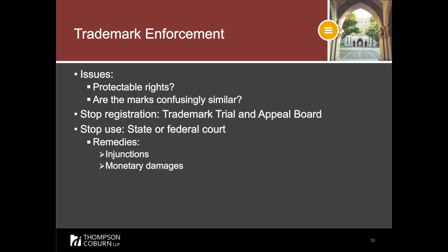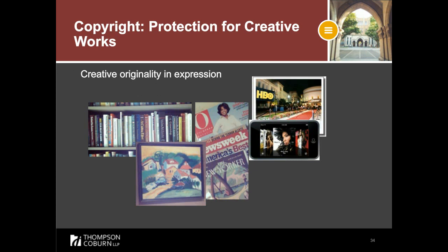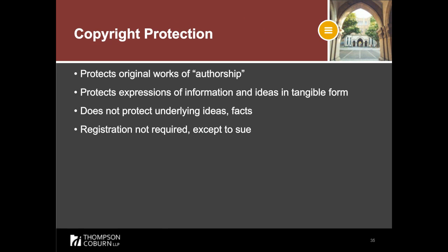And so now I'm going to move on to copyrights. Copyrights protect works of authorship. It protects things that have original expression, so photographs and books and movies, music, things along those lines are all subject to copyright protection. The copyright protection for those types of work really extends only to the expressions of information that you have.